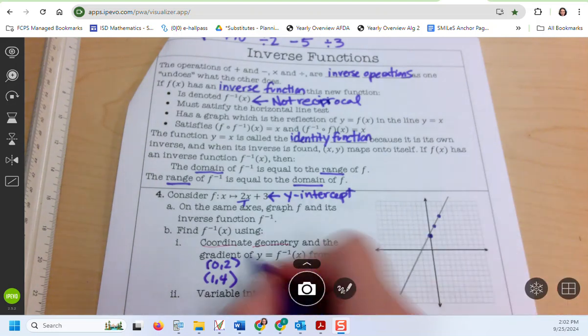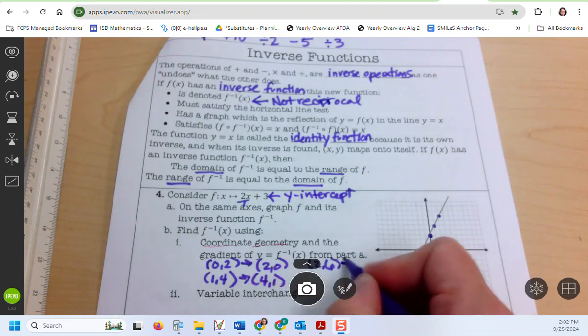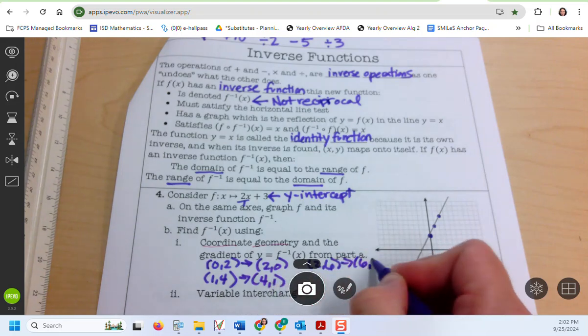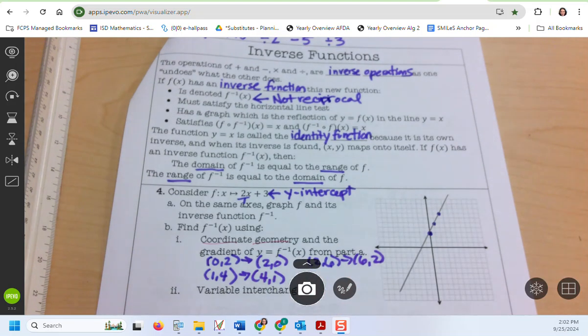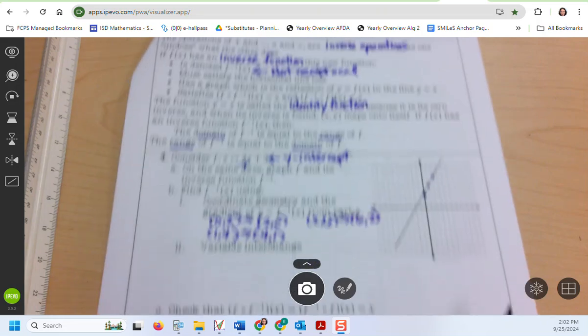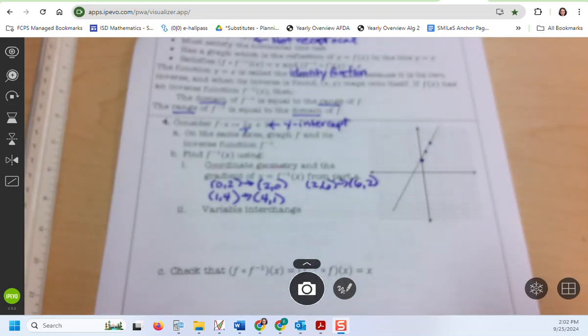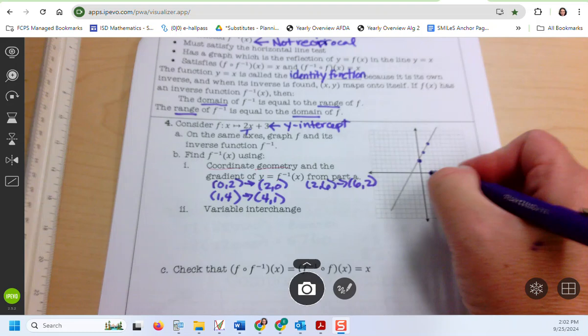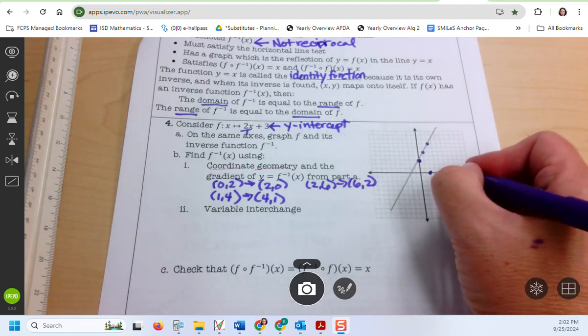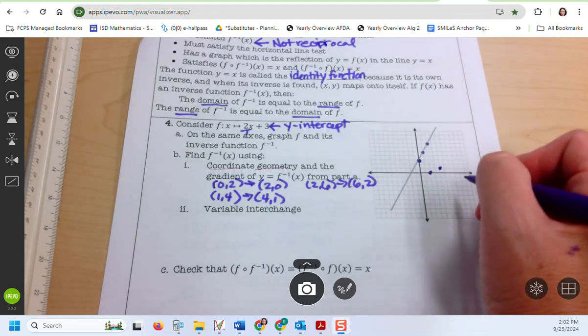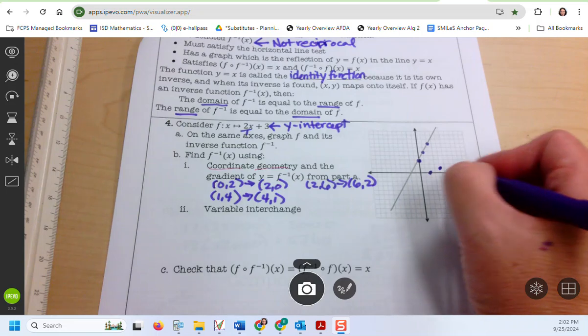If I want to do the inverse, I'm going to switch the x and the y. So this one becomes 2, 0, 4, 1, and 6, 2. So I want you to graph those 3 points on the inverse function. 2, 0, 4, 1, and 6, 2.